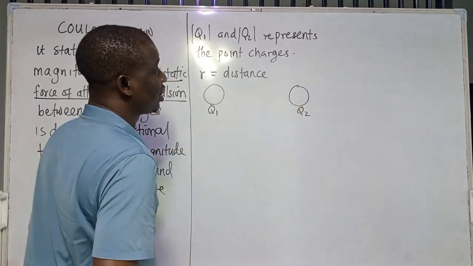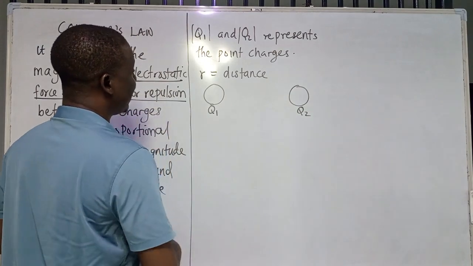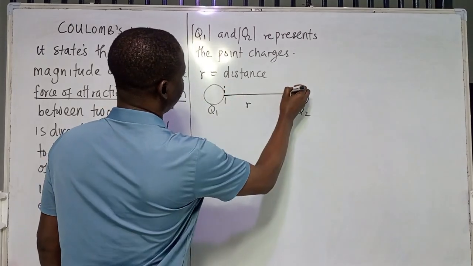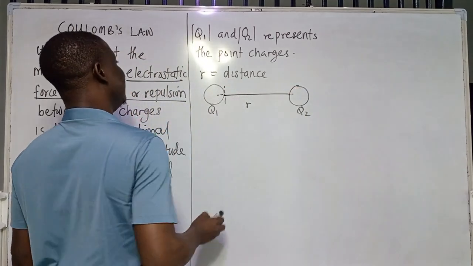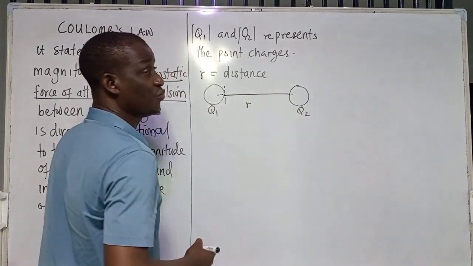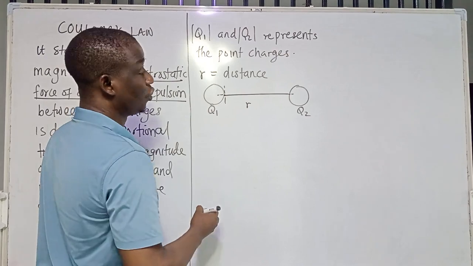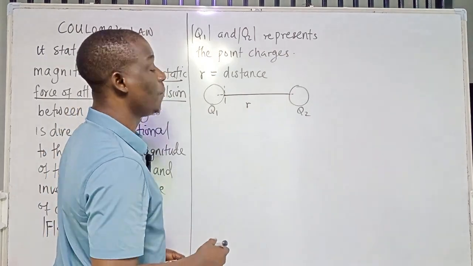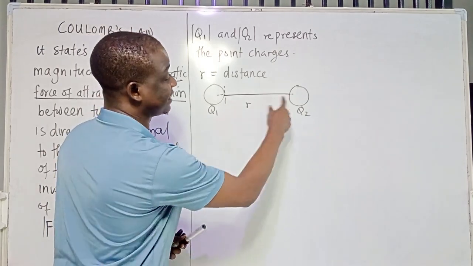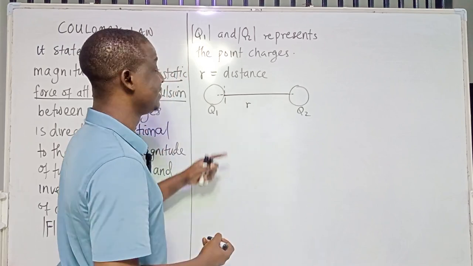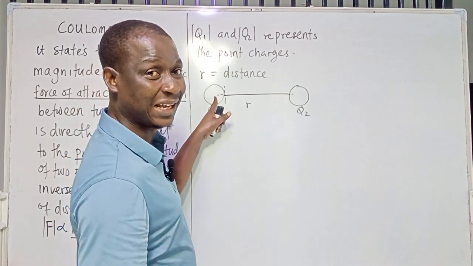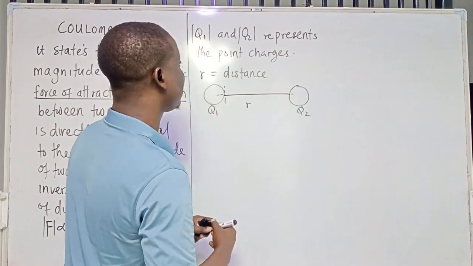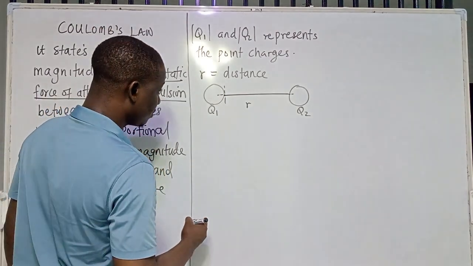Q1 and Q2 are separated by a distance of R. The charges are assumed spherical, although the radius of the sphere of the charge is negligible, far smaller than the distance apart. That's why the radius of the sphere itself is not considered. Rather, we consider the distance between the two point charges.